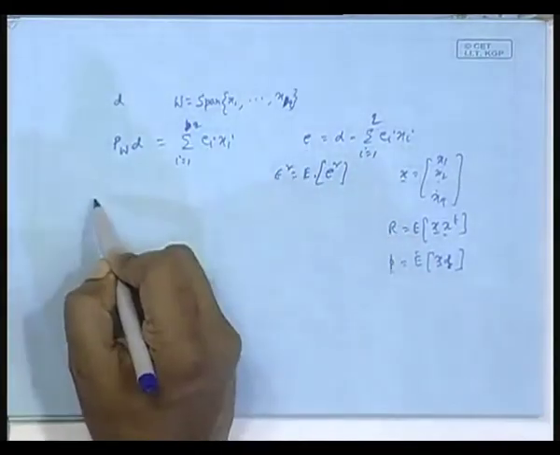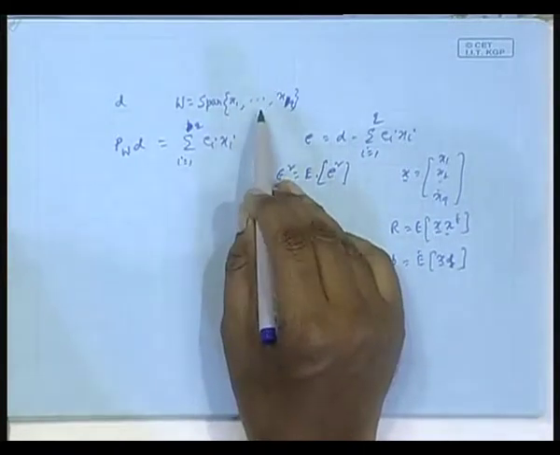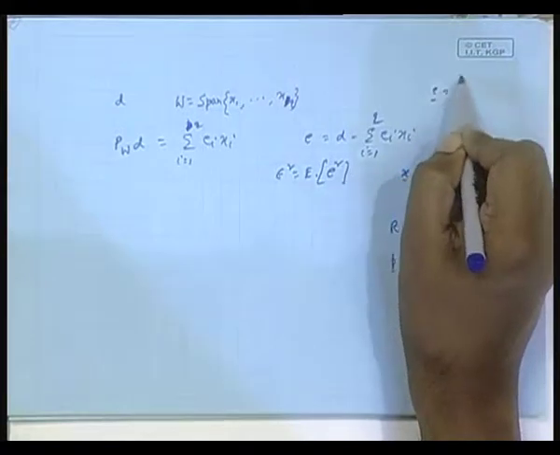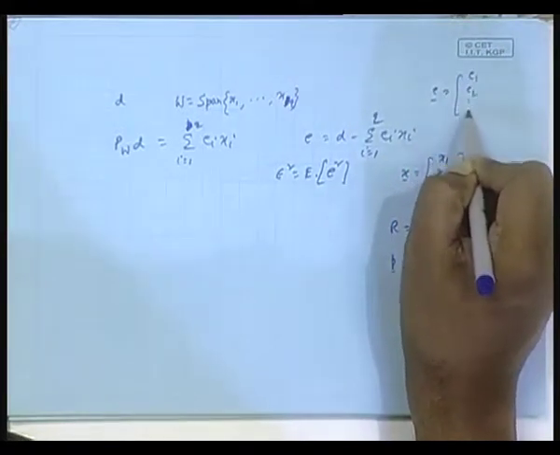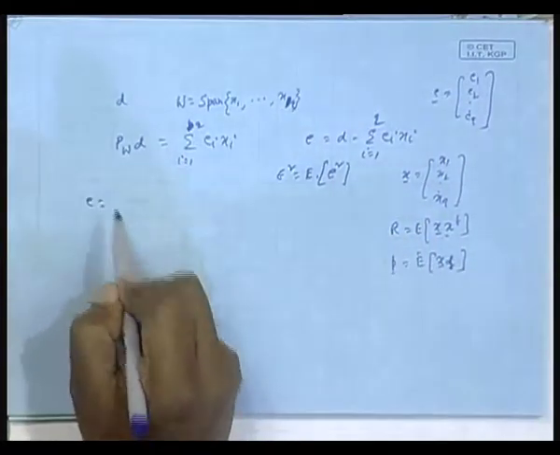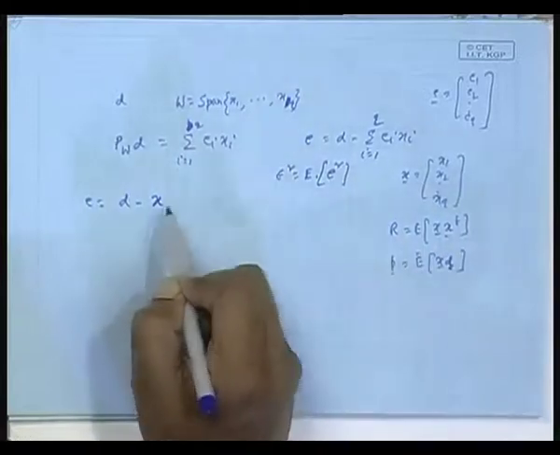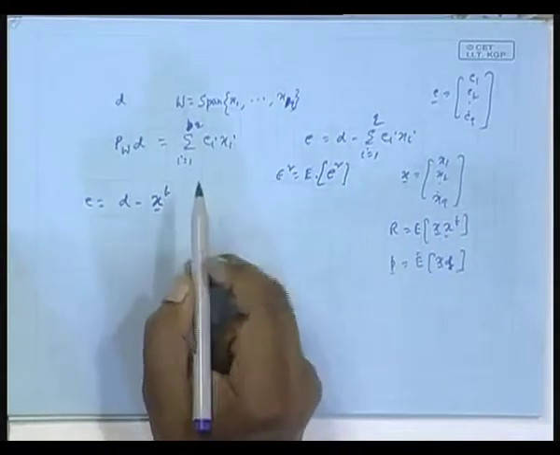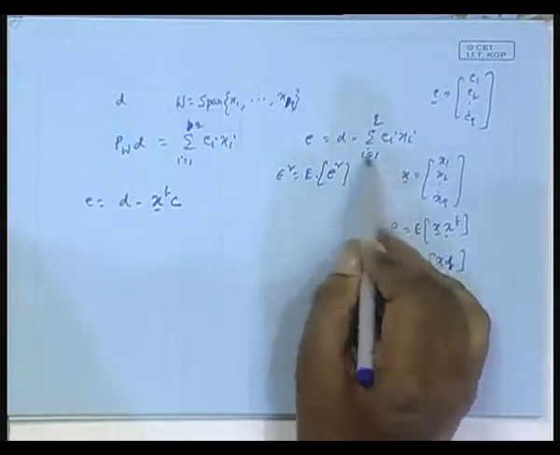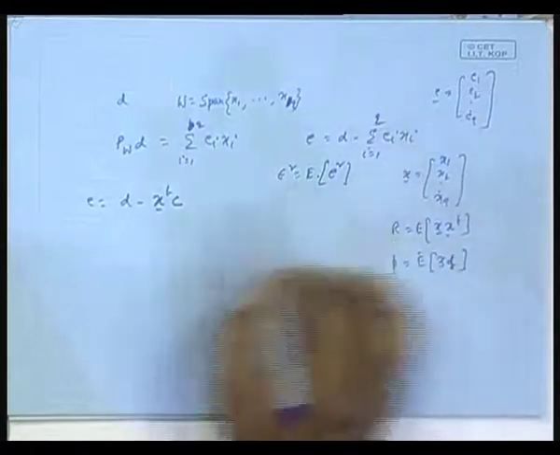You knew that this error E is orthogonal to each of the elements x1 to xq. If you have the coefficient vector C as C1, C2 dot dot Cq, then this error E can be written as d minus x vector transpose C vector. This is all repetition. That is the error.